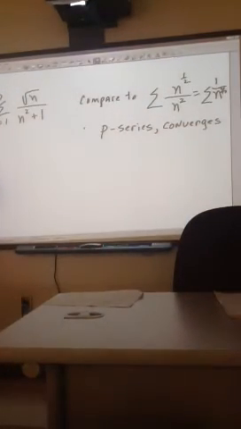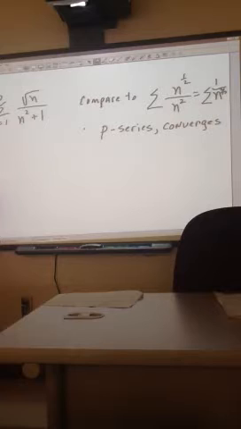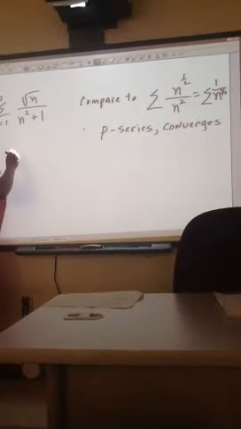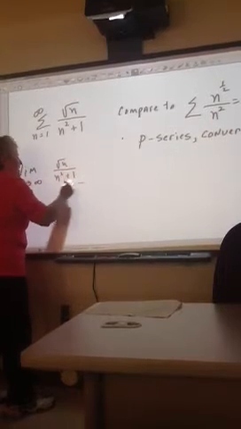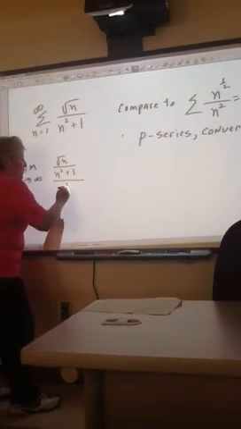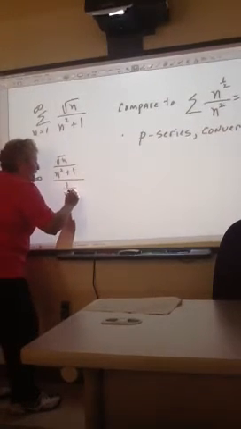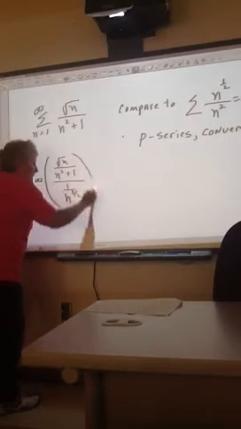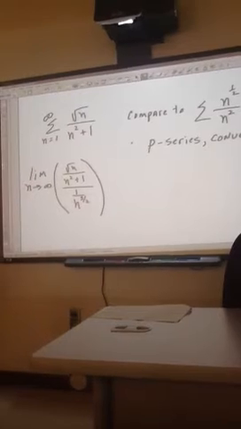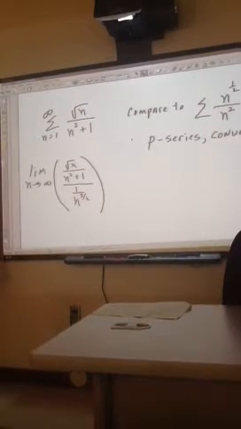So I'll now take my limit as n goes to infinity of this square root of n over n squared plus 1 over 1 over n to the 3/2. Oh, no, easier than that. Let's clean it up.